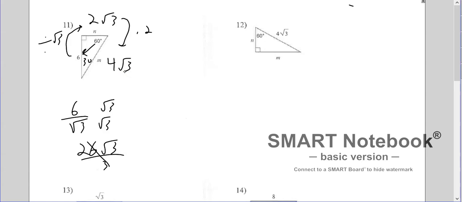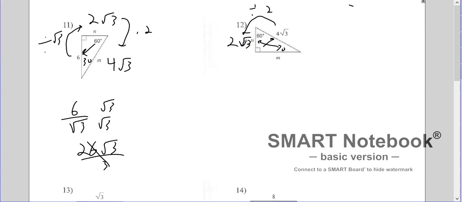All right, we have the hypotenuse here. So we always go to the short side. Where's the short side? Opposite the 30-degree angle. So we're going to go over here and divide by 2. So 4 radical 3 divided by 2 is 2 radical 3. This one should look familiar.